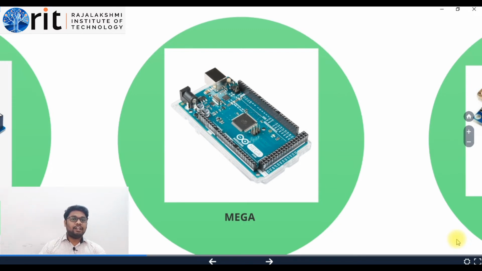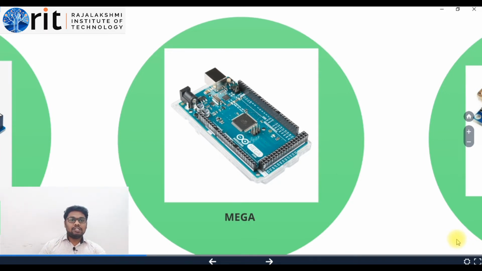If you need to interface more than 5 analog sensors, you cannot use an Arduino Uno board, because it basically has only 0 to 5, that is 6 analog pins. So you should go for something else, otherwise you need to use multiple Arduino Uno boards.